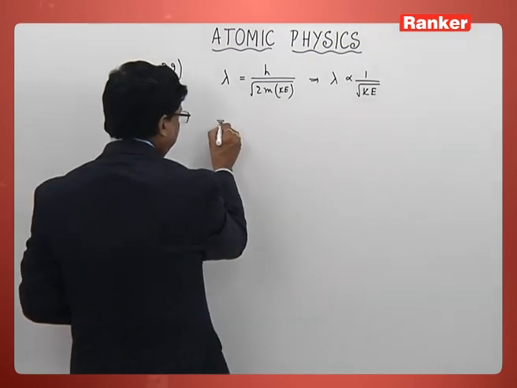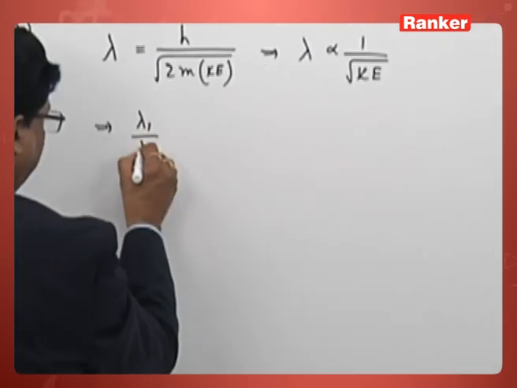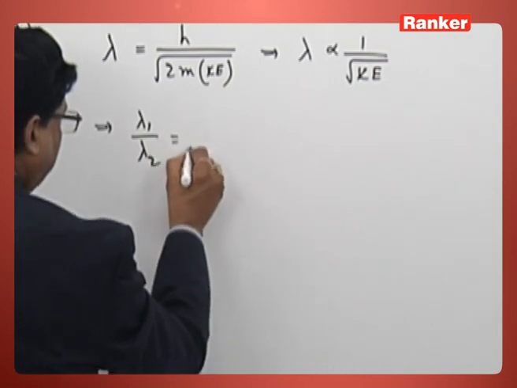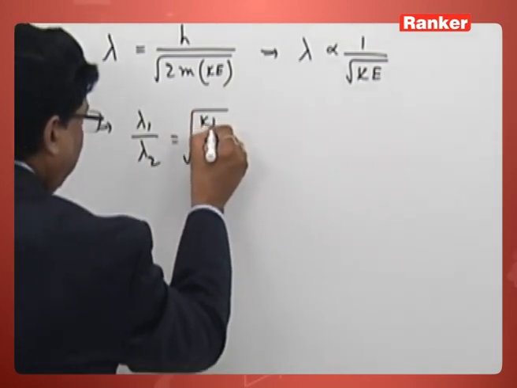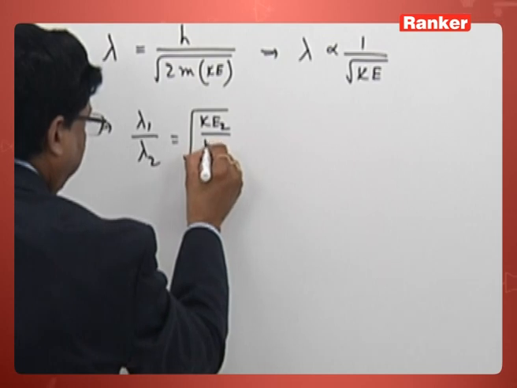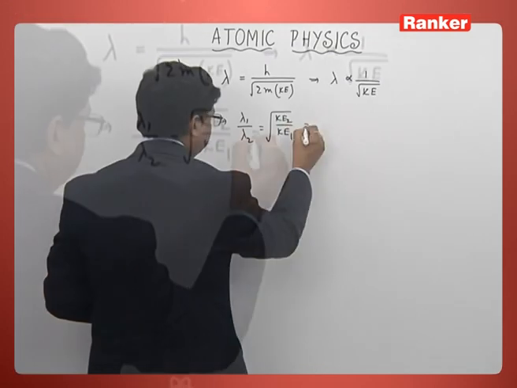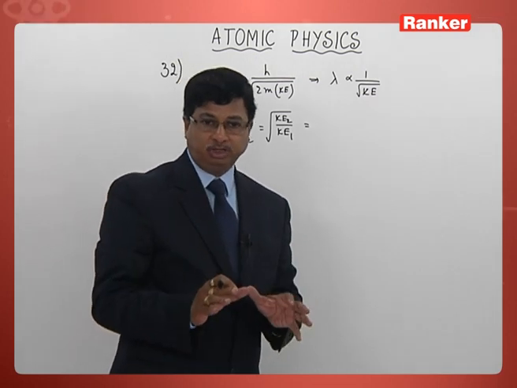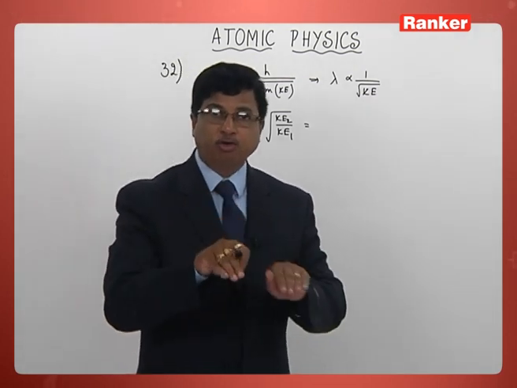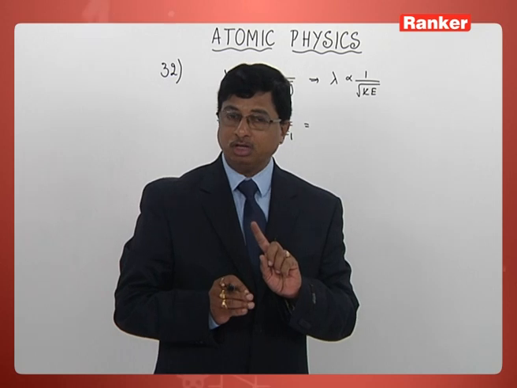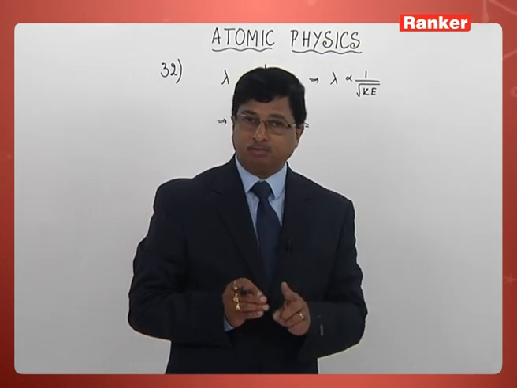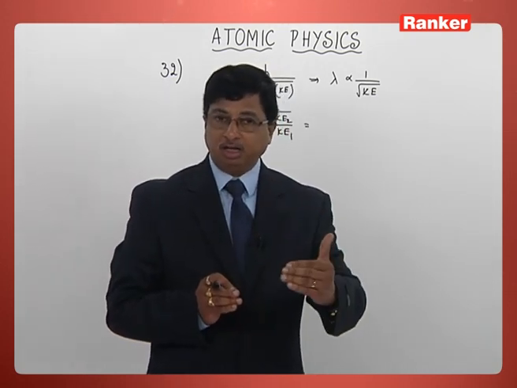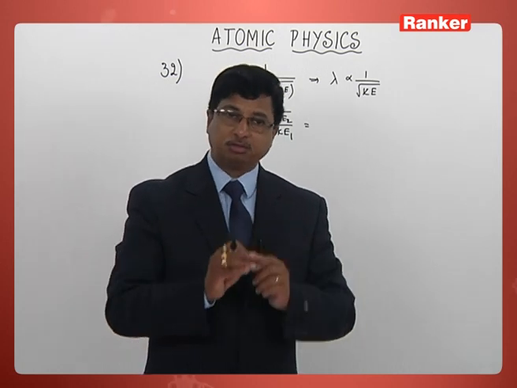Now I can rewrite the same equation as lambda 1 by lambda 2 is equal to root under Ke2 by Ke1. What is the kinetic energy now? It is reduced to 1/4, not by 1/4. If it is reduced by 1/4, the remaining kinetic energy becomes 3/4.